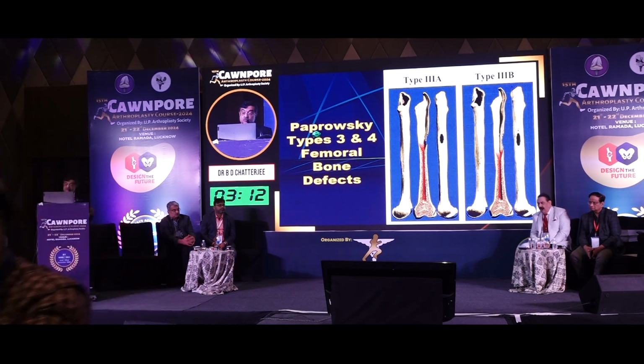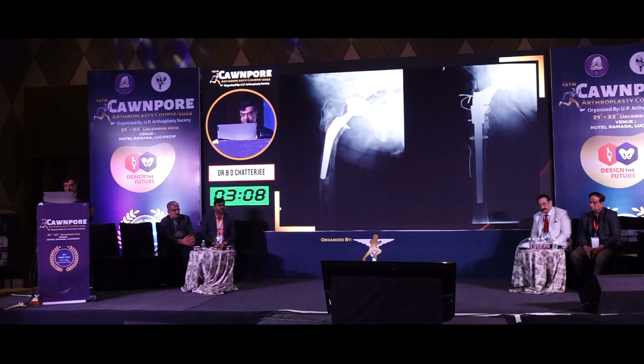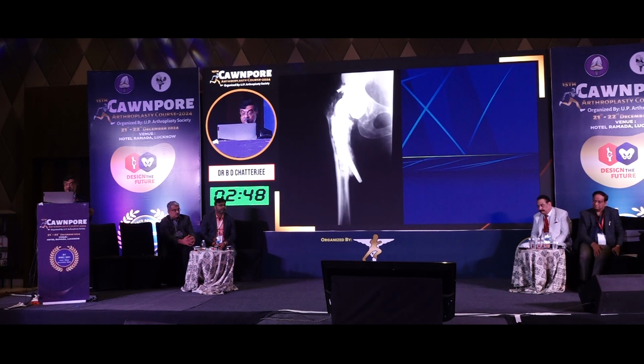Now, coming to worst cases where you have a Paprosky type 3 or 4, here is an example with severe osteolysis in a cemented hip, again managed with a long stem S-ROM. The S-ROM gives you modularity in various dimensions. As you can see here, we have used a calcar sparing stem, so you have modularity of the vertical as well as the horizontal offset, as is clear from this X-ray.